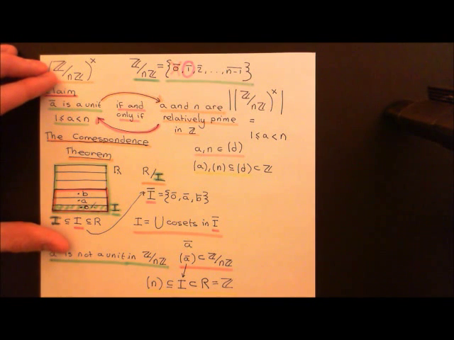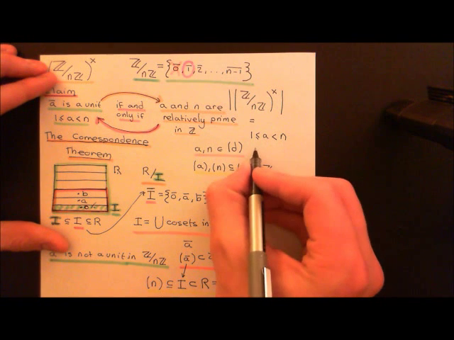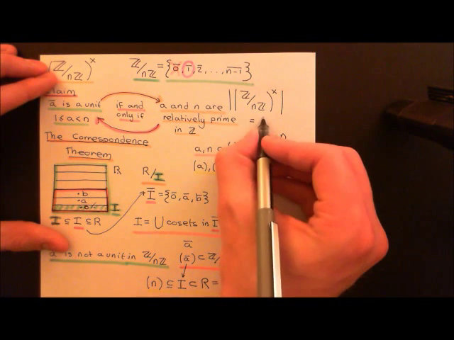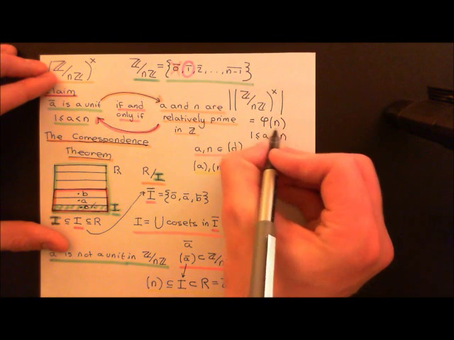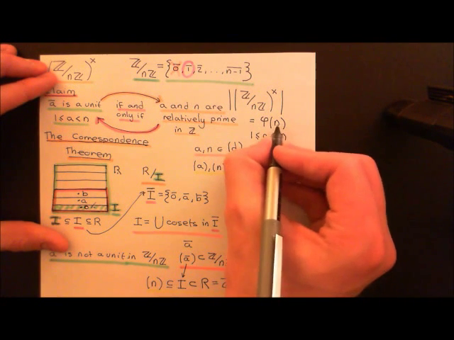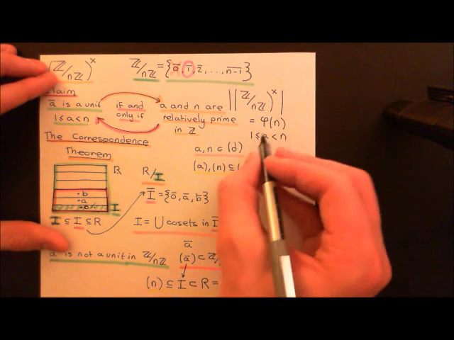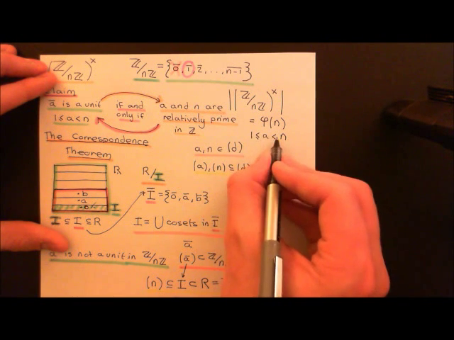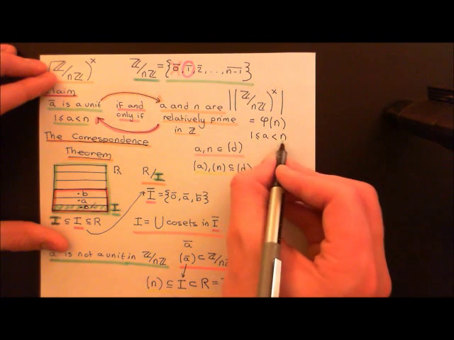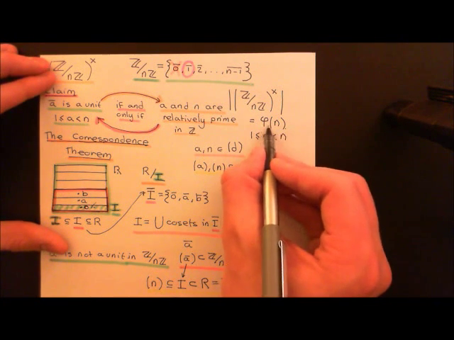And there is a name for this answer. Doing this has a special name, and it was attributed first to Euler. It's called Euler's phi function. So phi of n means exactly this: you take this natural number n and you go through all the integers a that are greater than or equal to 1 but strictly less than n, and you ask how many of these are relatively prime to n. That is the answer to phi of n.